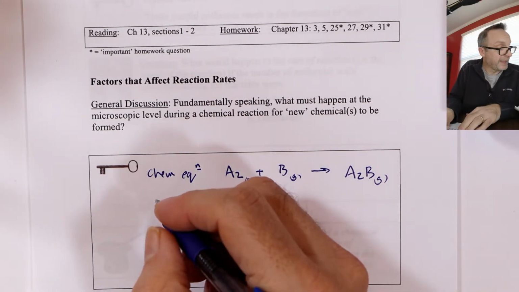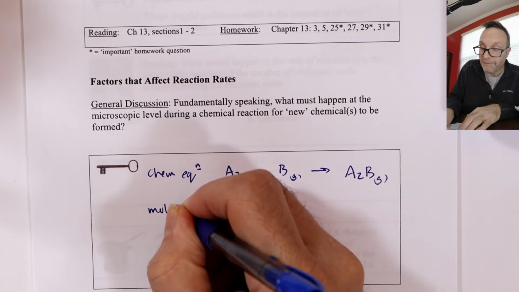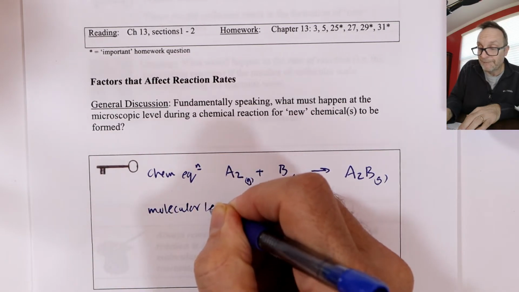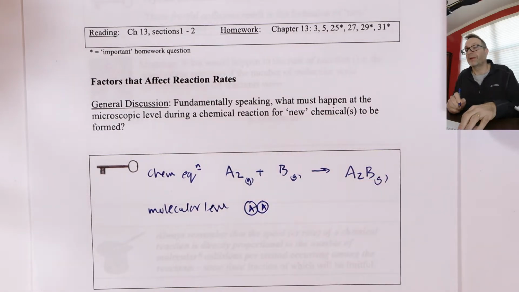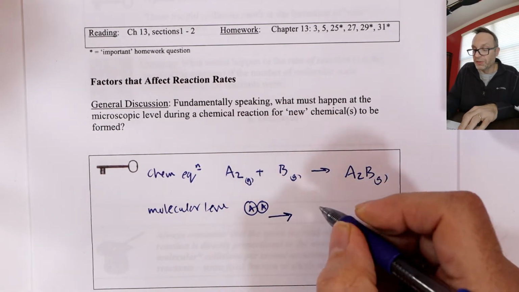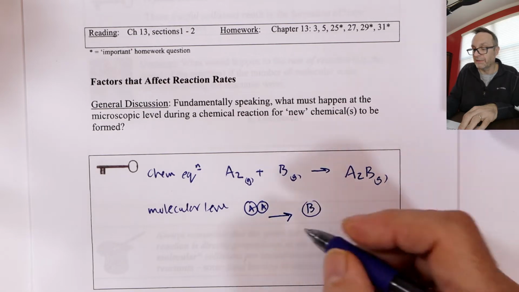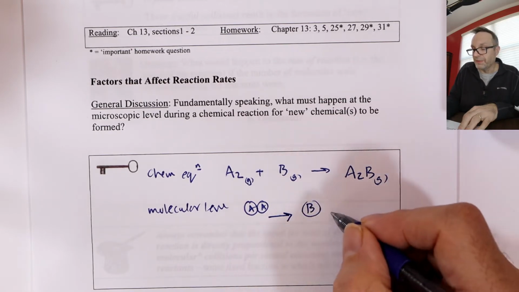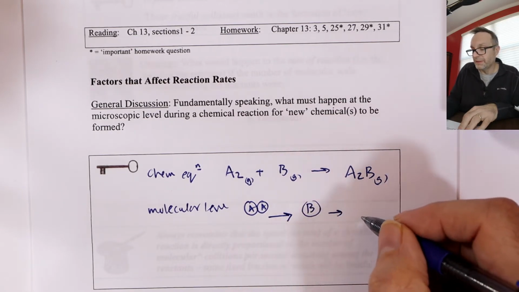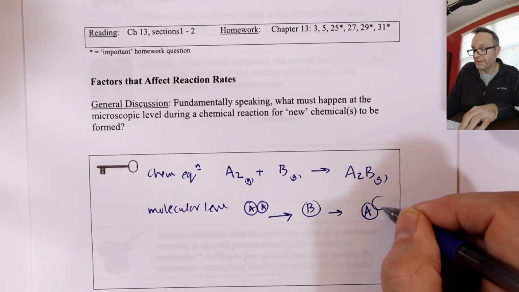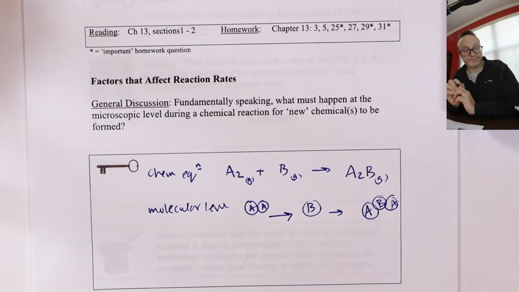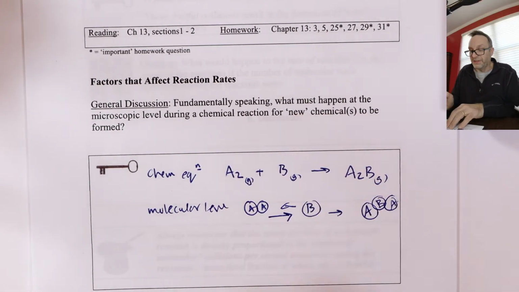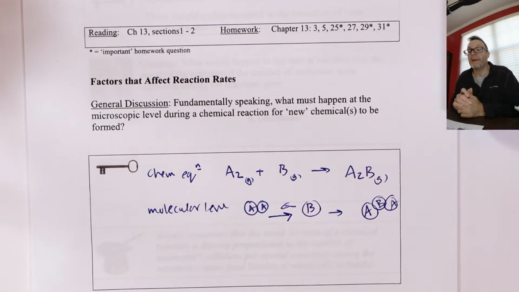So we'll put it down here, molecular level. A2 might be a diatomic, like that, and that literally bumps into an atom of B, and it turns into maybe something like that. Those two bump into each other and they turn into that product. So there it is.